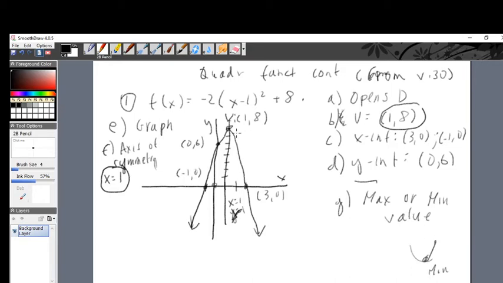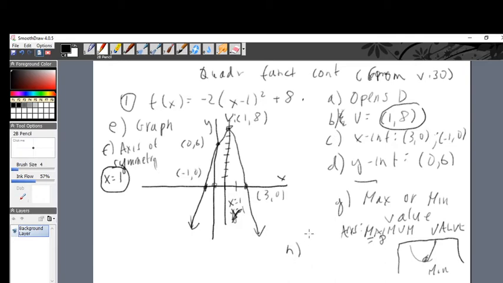So the answer is that the maximum value of our function is equal to 8. And that's the answer.